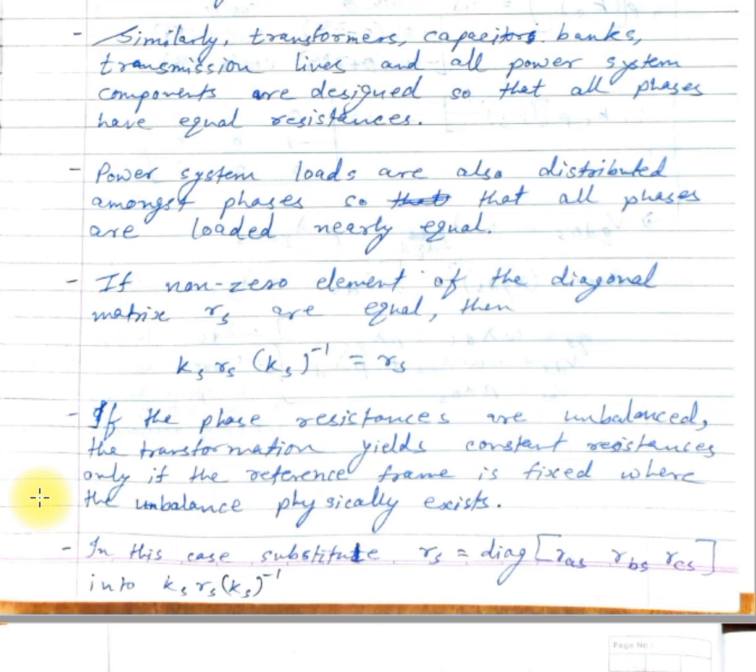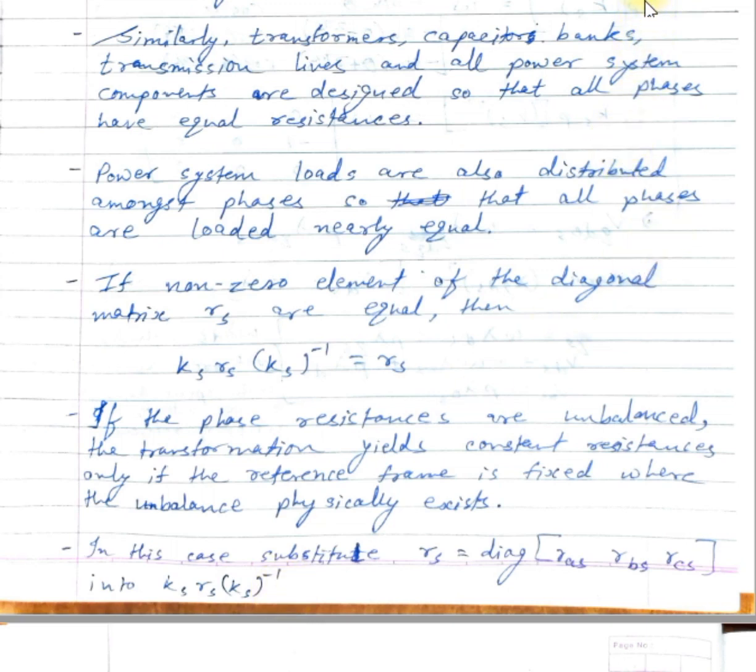It means that the transformation gives constant resistance only if the reference frame is fixed where the unbalance physically exists. This feature is quite illustrated by substituting Rs, which is equal to the diagonal of RAS, RBS and RCS, into Ks into Rs into Ks inverse.